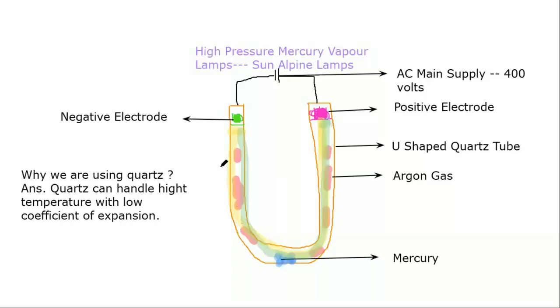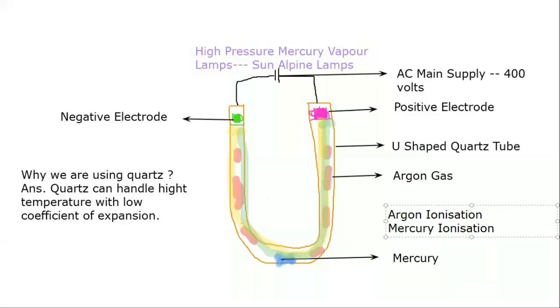So you can see electrons and ions are moving towards both the other ends. They are interacting with argon and with mercury. So what will happen? Two phenomena will happen: argon ionization and mercury ionization will take place.